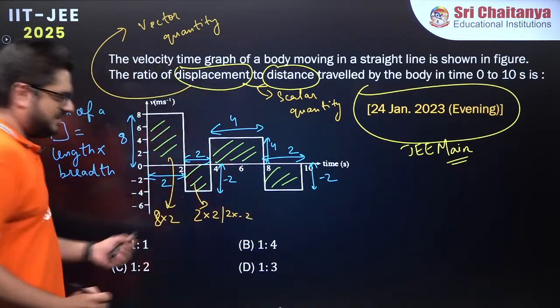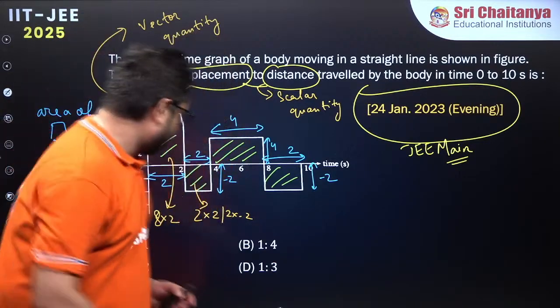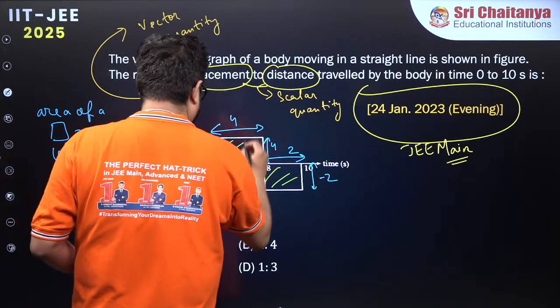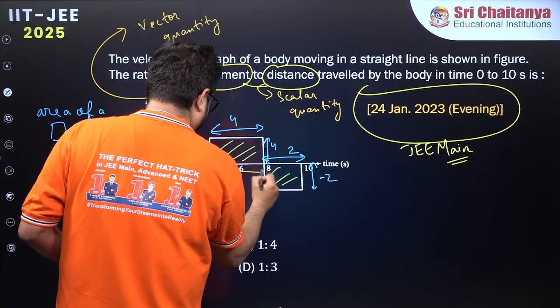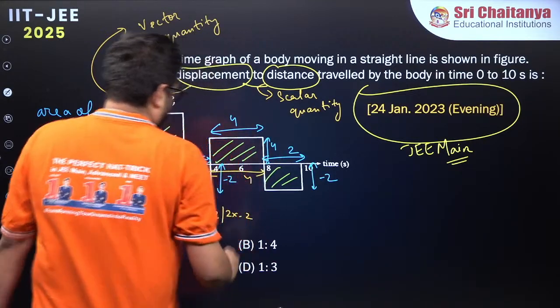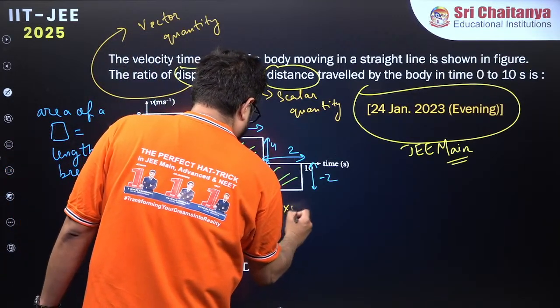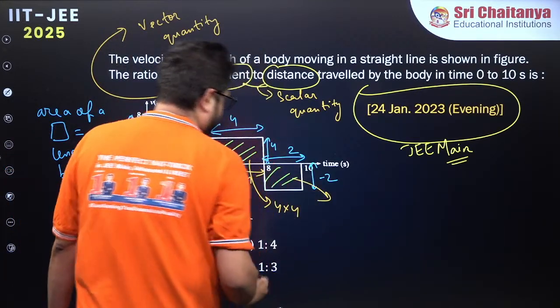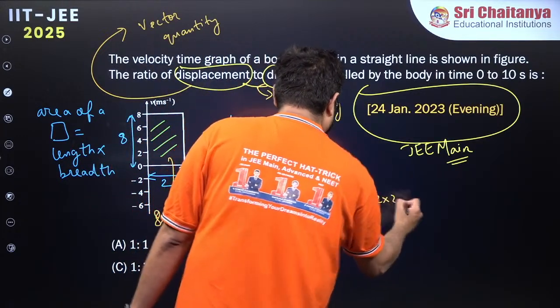I will say which expression to use where. For this it's going to be this one right over there. What's the length? 4. So 4 into 4, isn't it? And for this rectangle it's going to be 2 into minus 2 or 2 into plus 2.